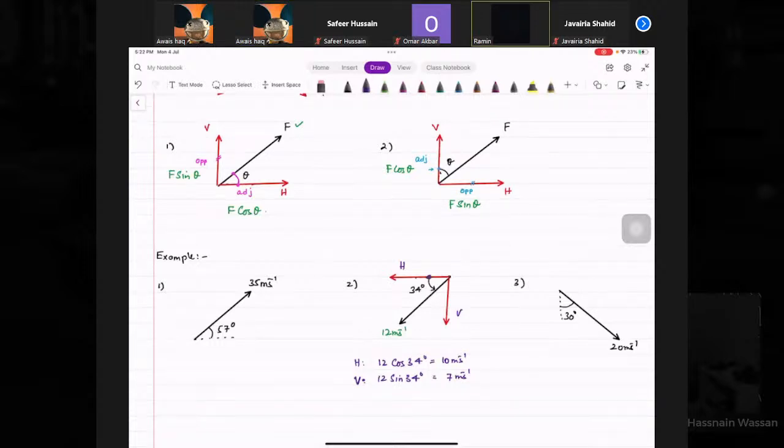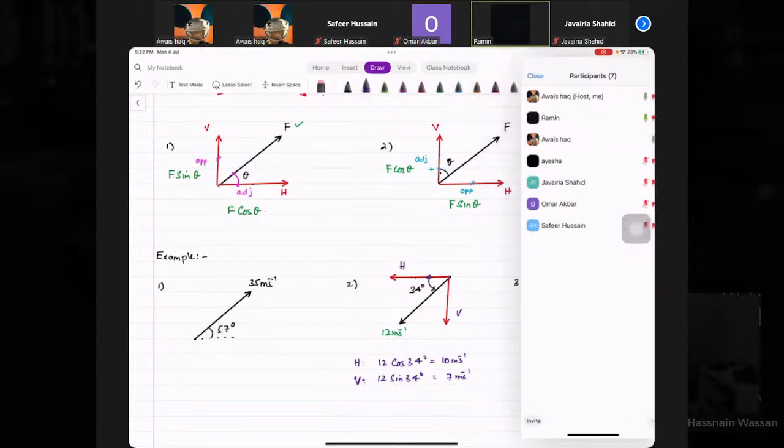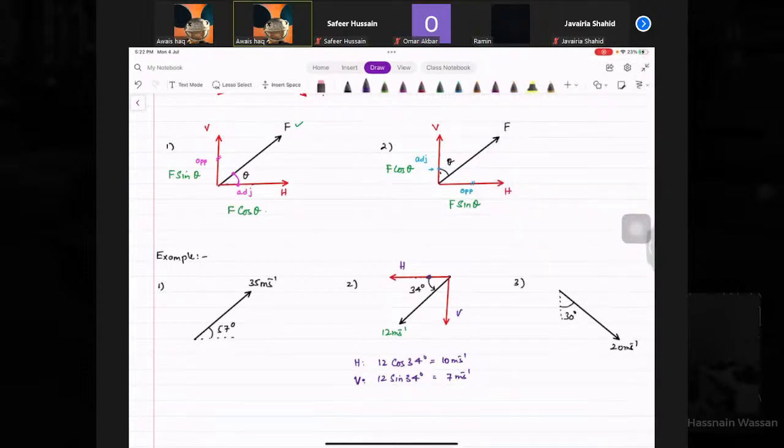Is this vectors? Yes. Have you not taken the class before? No, this is my first class in vectors. Were you absent before? Do we have class Monday, Tuesday, and Wednesday? Yes. So once I joined and you were taking an A2 class, so I left. It was gravity.